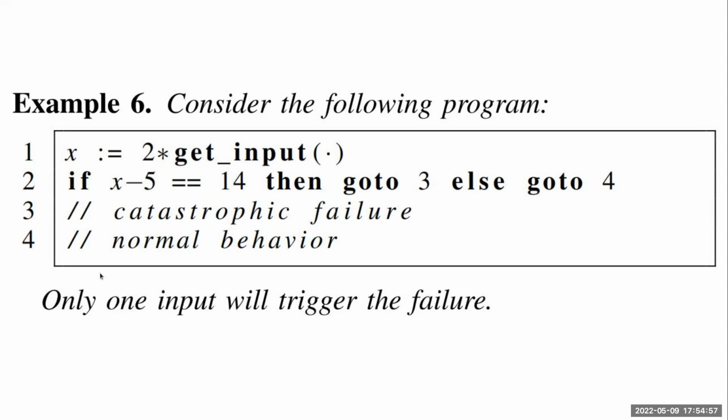Let's say this piece of program, we're getting input from the user, and then times 2 that, then x, in this case, we say x is a symbol. Then after that, x is only 2 times something. Then there is a predicate to say if x minus 5 is this, then go to 3, otherwise go to 4.